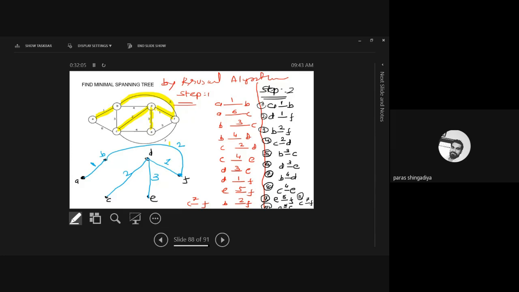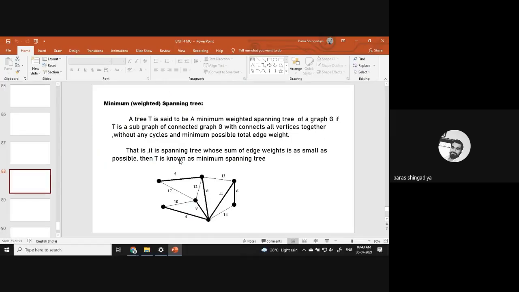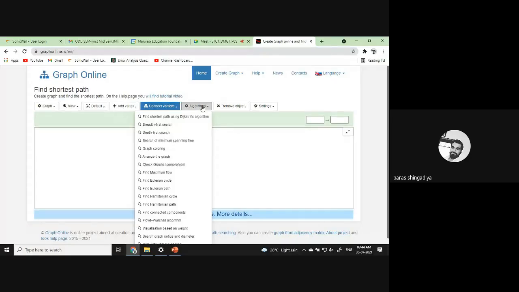And here we can also access this online tool to check the answer. There is one of the options given in this online graph tool: the algorithm to search minimum spanning tree.